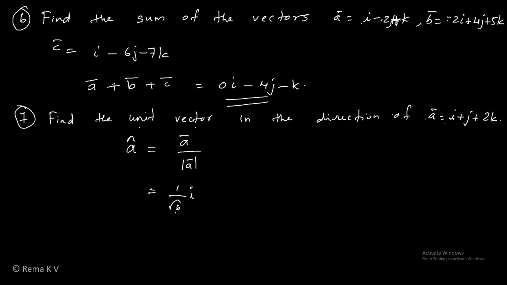Here the scalar component is 1. So 1 by modulus of A, root 6, i, plus again the scalar component is 1. So it is 1 by root 6 j, plus the scalar component is 2, 2 by root 6 k. This is the unit vector along the direction of vector A.